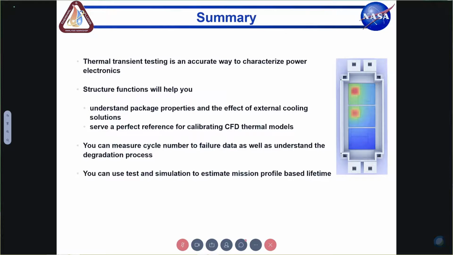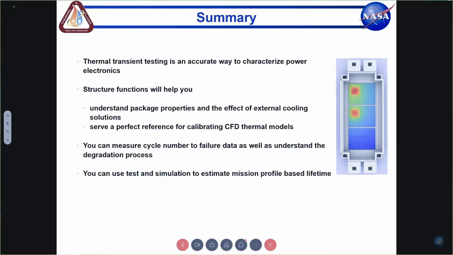So just to summarize this very quickly before I run out of time, the best way of measuring any semiconductor component is to use its own electrical parameters to measure its junction temperature.